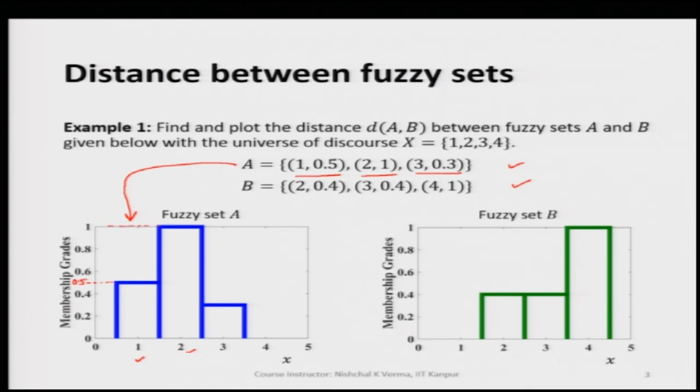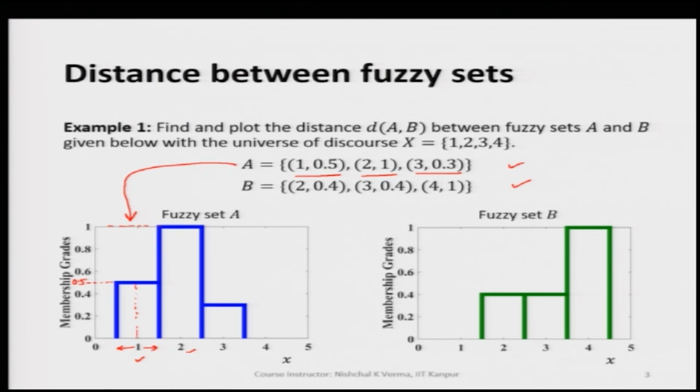Please note that this is a discrete fuzzy set, and for representing it we have taken a range of plus minus 0.5 around the generic variable value. So at 1 we have 0.5, and it goes to both sides, left and right, at the same level.